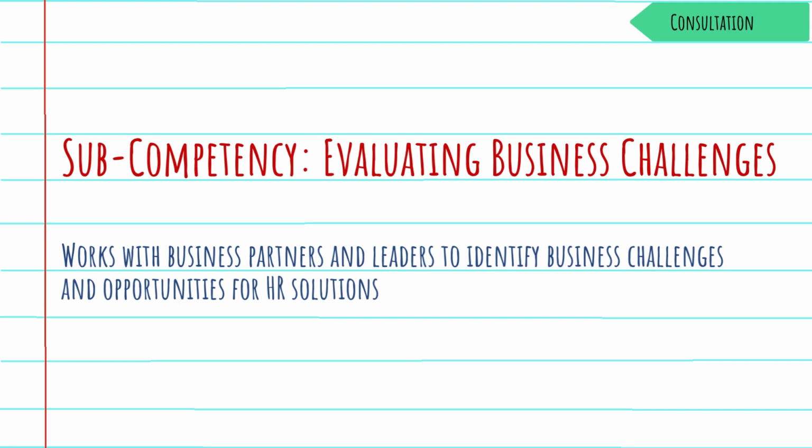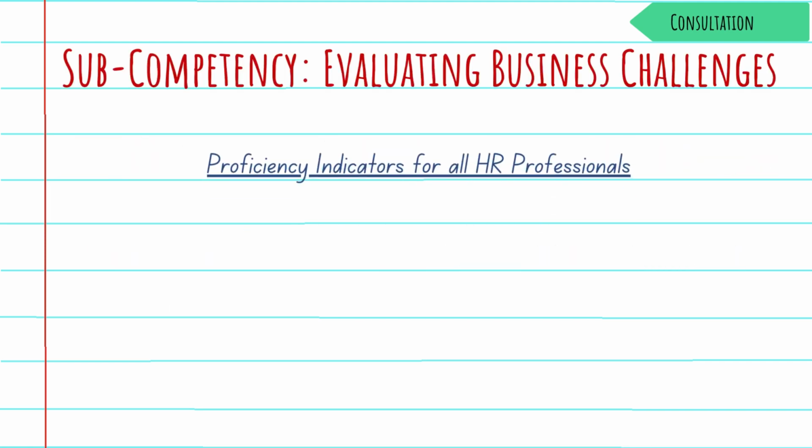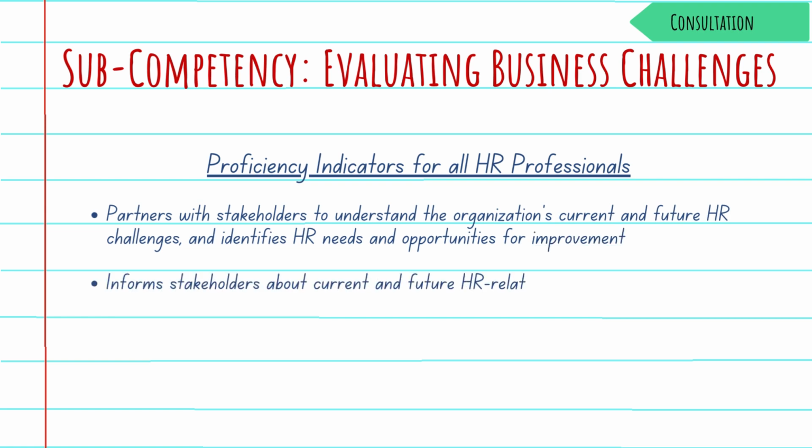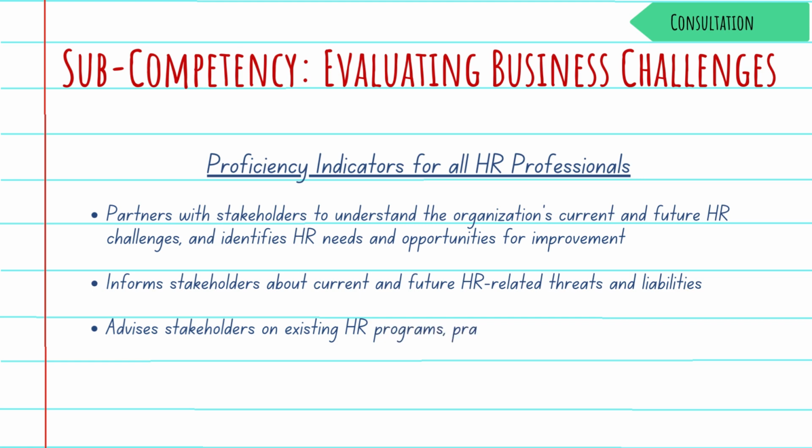Evaluating business challenges involves working with business partners to identify business challenges and opportunities for HR solutions. Proficiency indicators for all HR professionals within this subcompetency include partnering with stakeholders to understand the organization's current and future HR challenges and identify HR needs and opportunities for improvement, informing stakeholders about current and future HR-related threats and liabilities, and advising stakeholders on existing HR programs, practices, and policies that impede or support business success.